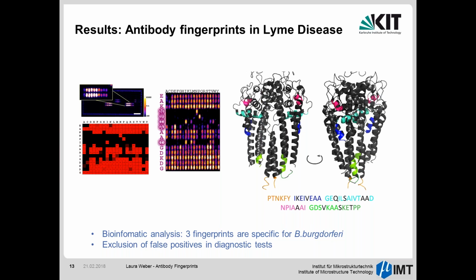And the second big question in Lyme disease is why some people or patients develop a chronic manifestation of the disease. It has been suspected that autoimmune reactions play a role in this, but as the 3 specific fingerprints cannot be found on any human protein, autoimmune reactions, at least of these antibodies, can largely be excluded.